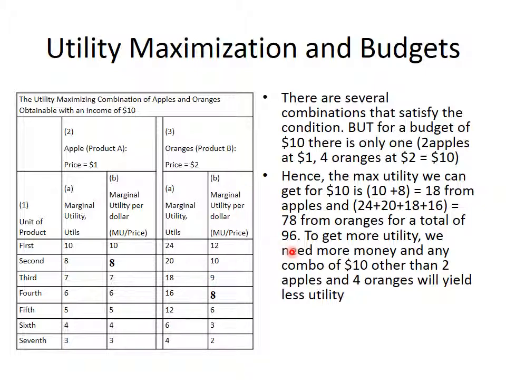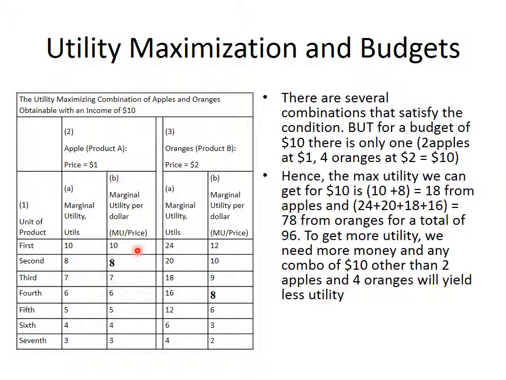Now we see there are several combinations where we can do that. We look here at this combination. If we buy one apple and 2 oranges, that does in fact give us the same marginal utility per dollar, which actually would be a perfectly reasonable utility maximizing combination.